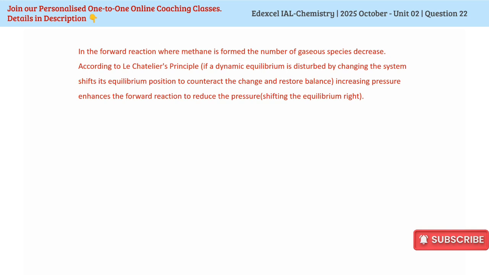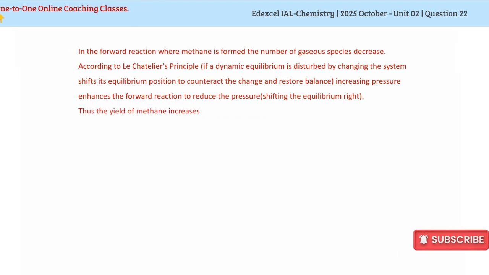According to that, increasing pressure enhances the forward reaction to reduce the pressure, which produces the lesser number of gaseous species. Therefore, we can say the equilibrium shifts to the right. Therefore, the yield of methane is increasing.